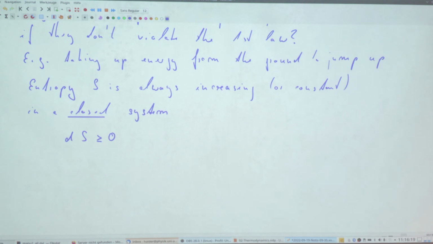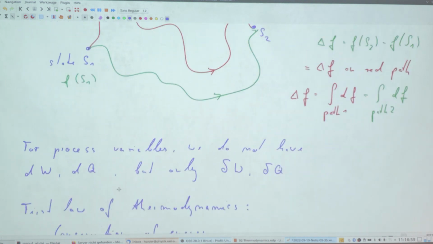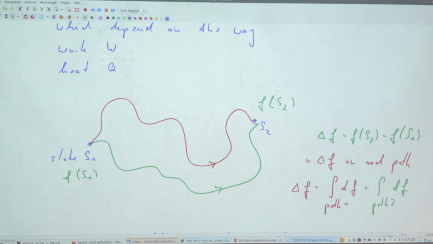This is the famous statement from my professor from before: Q is not a state function, but S is, and dS equals delta Q over T. This means if I integrate the heat along this path from one state to another, I would get something else than if I went along this other path, because it's not a state function.